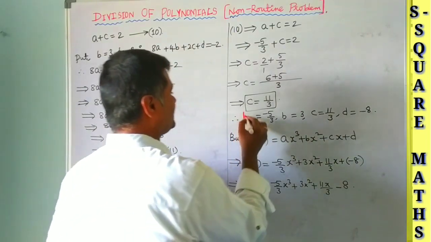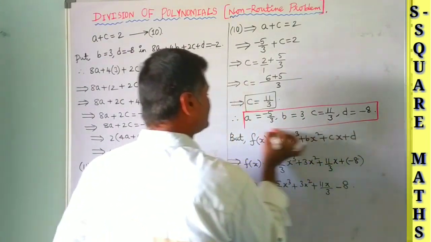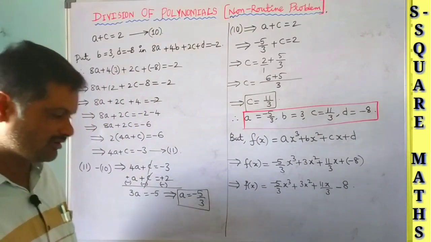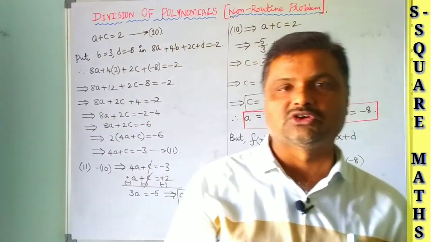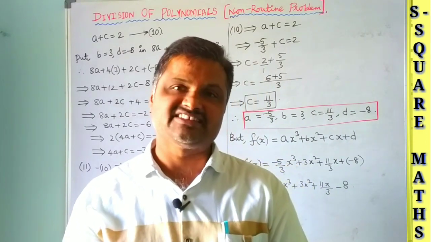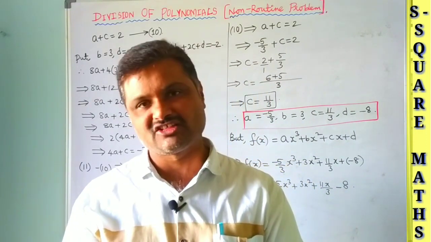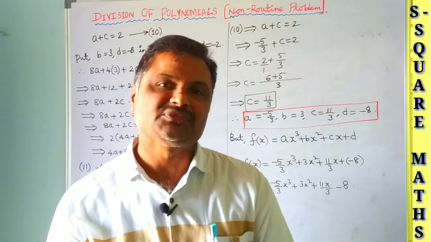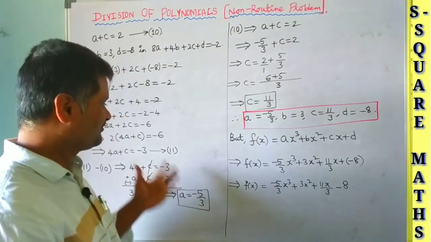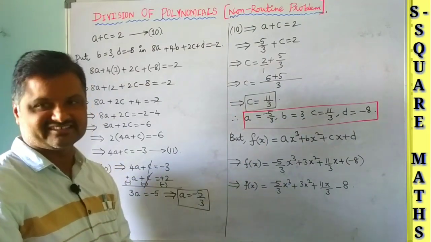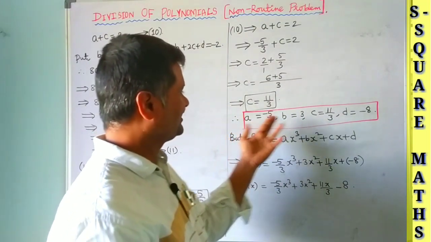So in this problem, what we have done: f of x is a third degree polynomial. When it is divided by x square minus 1 and x square minus 4, two possible remainders are given. Under these conditions we have gone through various steps to get the values of a, b, c, d.